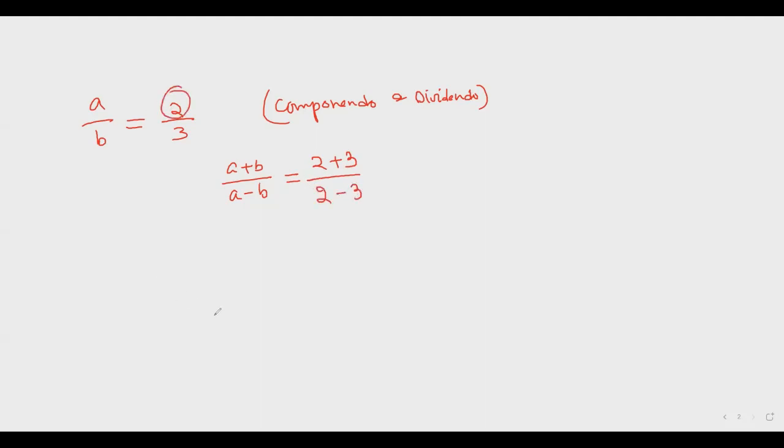So this will become how much? 5 by minus 1, that is, negative 5. Is that okay? Here C is the ratio, and so the ratio is 5 by minus 1.